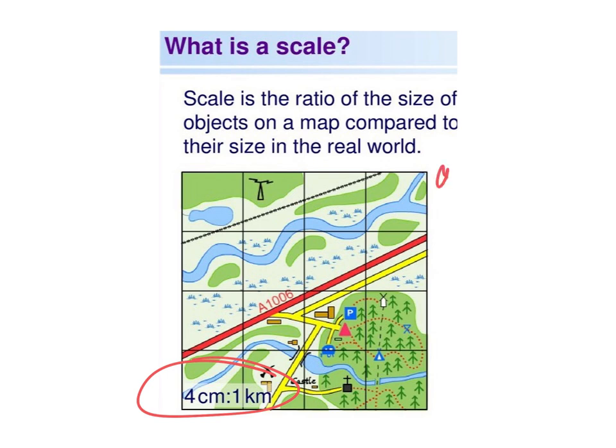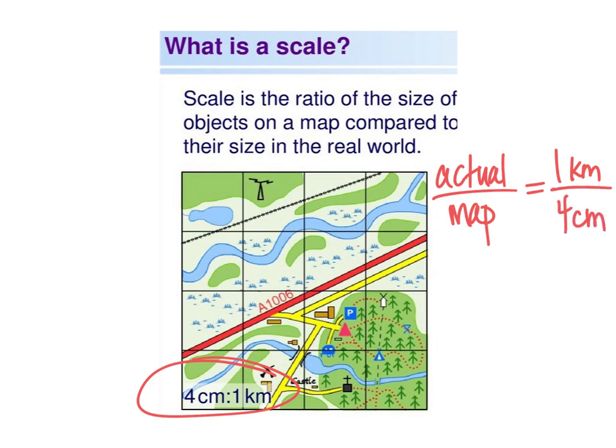When we're looking at a map scale, we're going to compare the actual distance to the map distance. For this one, we know 1 kilometer equals 4 centimeters. The actual is 1 kilometer. On the map, it's 4 centimeters.